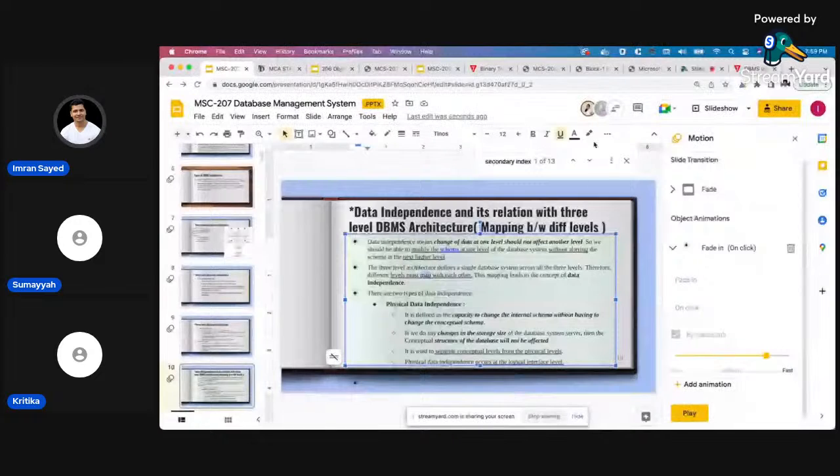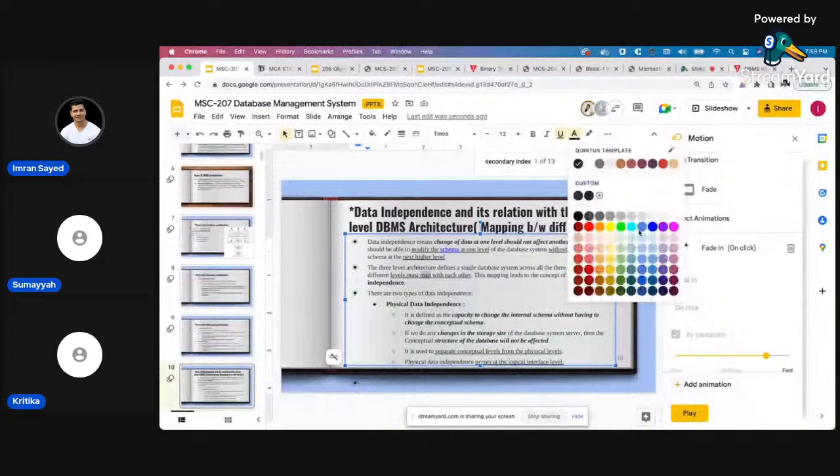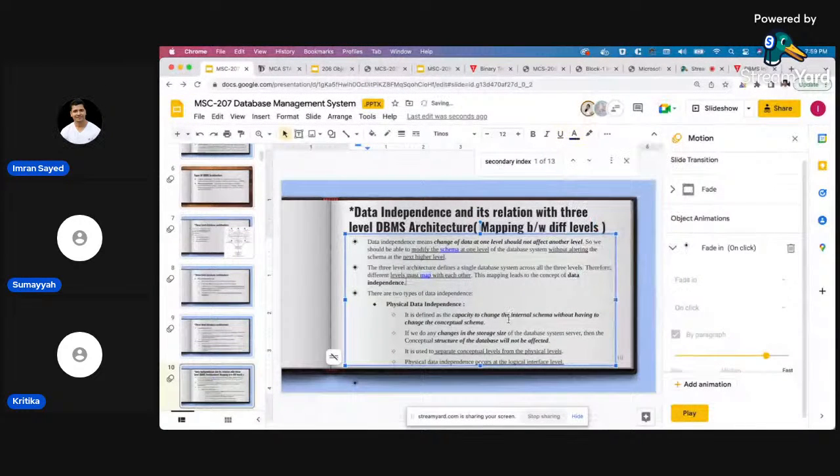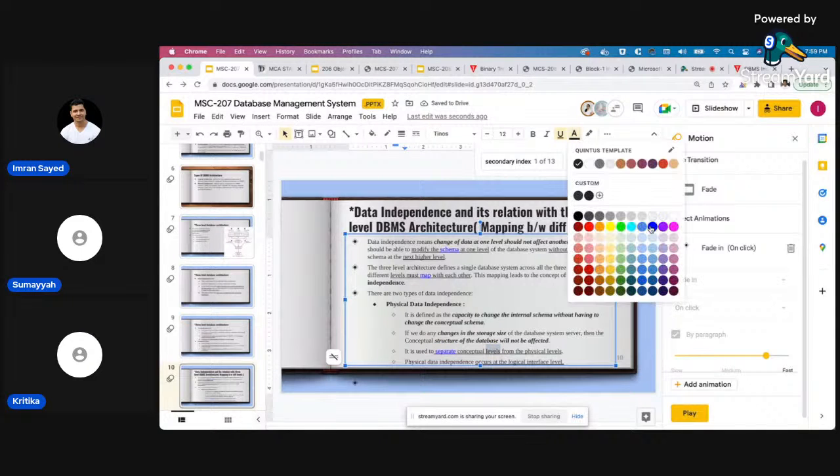If you remember these words, you can easily expand. Without having to change the conceptual schema, again, schema is repeated. Storage size, separate levels. You can repeat this for both.